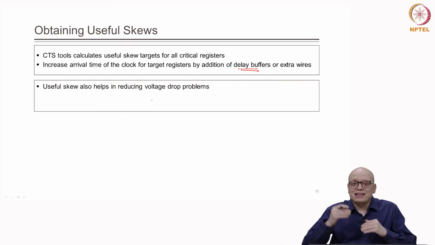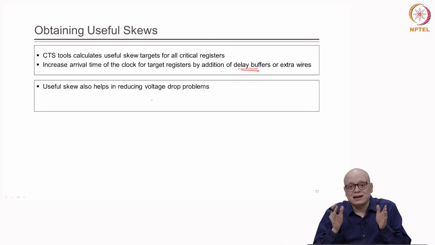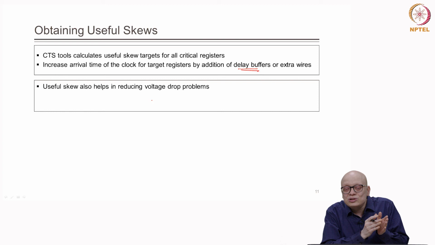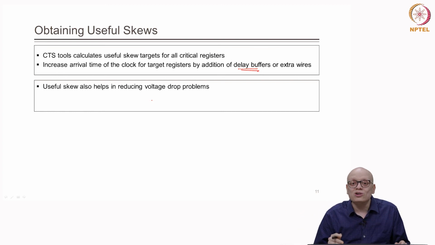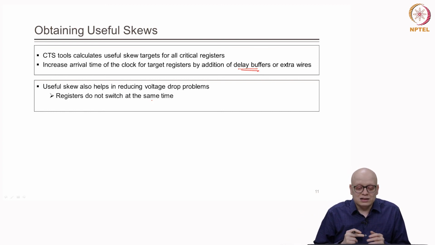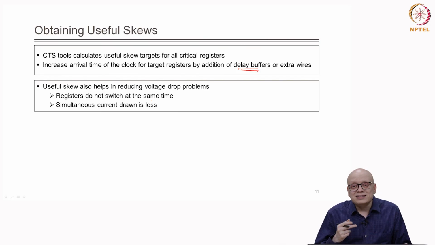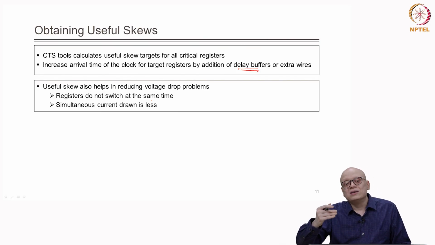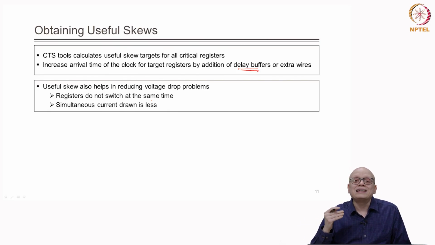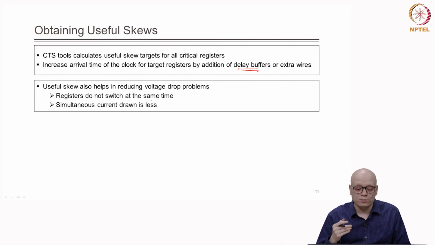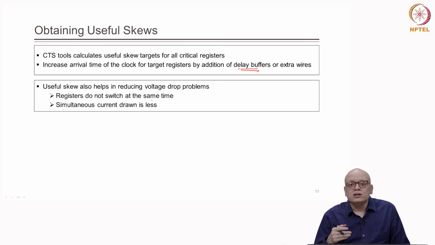Therefore, the activity of the signal that was occurring concurrently gets skewed over time, and the simultaneous current drawn from the power supply can be reduced. Therefore, the voltage drop problem can be reduced by introducing the useful skew.